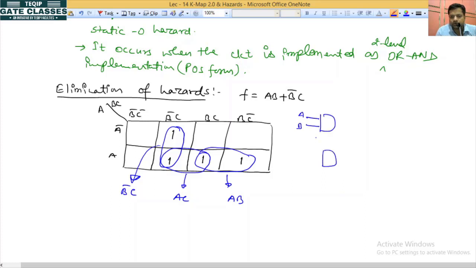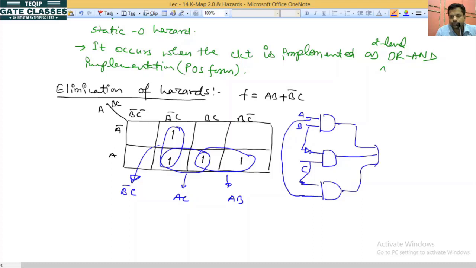Now there is a NOT gate input, so it is B bar, and this one is C. Next is AC, so I have one more AND gate, with C from here and A from here. Now we OR them, and that will be our function.